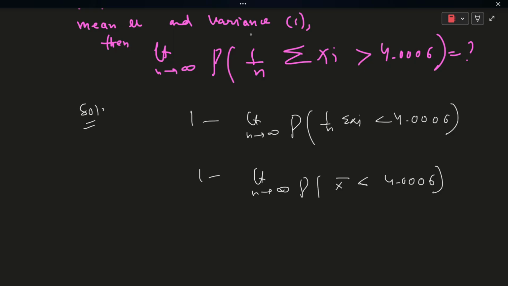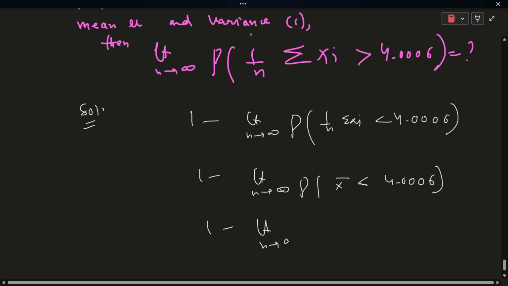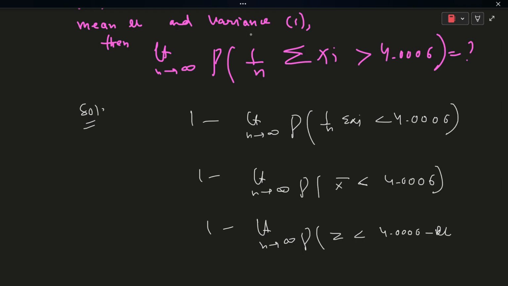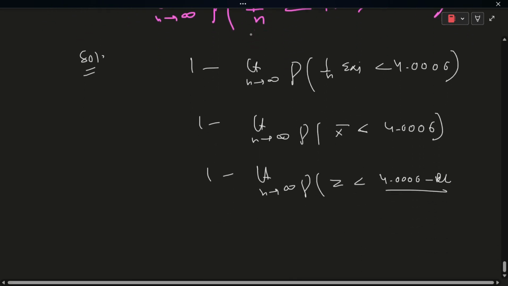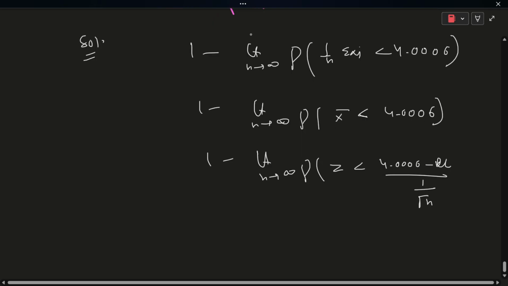अब हम क्या करेंगे इसमें, एक्सपेक्टेशन ऑफ x बार क्या होगा, म्यू. और वेरिएंस कितना है, 1 upon under root n.